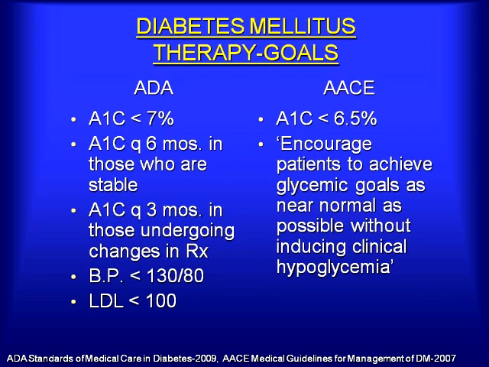Now, this is tempered in the older individual, and the ADA came out and said this, that somebody who's older, 80 beyond, if they have multiple comorbid problems, an A1C of 8 or 8.5 is not unreasonable, because if you try and get an A1C of 7, you will create hypoglycemia, and then it's unacceptable in that age group. So you temper these goals with age and comorbid issues, basically common sense.